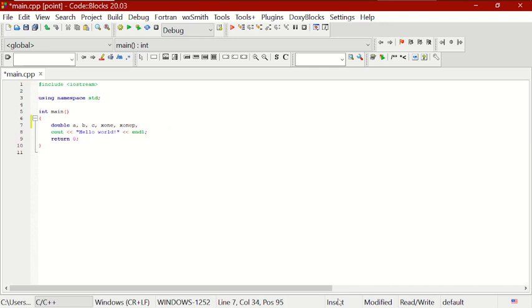X1, then we have X2, then X2 power, also have X3 power, X3, comma X3 power.